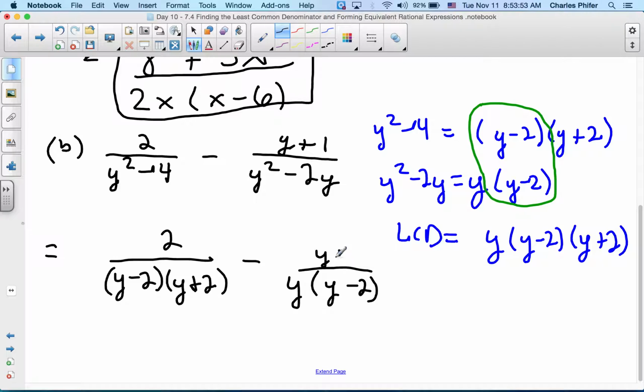We have a y plus 1 up here. Okay. So what's missing from this denominator? We're missing a y. So we multiply the top and bottom by y. Okay. What's missing from this denominator? The y plus 2. So we multiply the top and bottom by y plus 2.